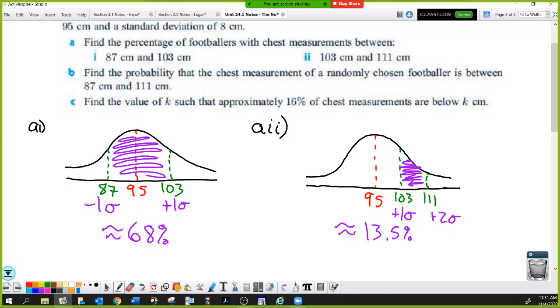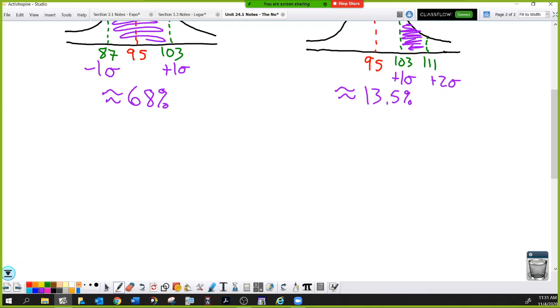Cool. Part B says find the probability that the chest measurement of a randomly chosen football player is between 87 and 111. Okay, that's not too bad. I said the 13.5-ish is good enough.